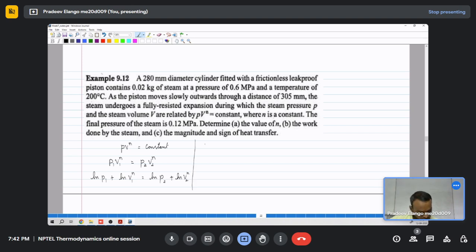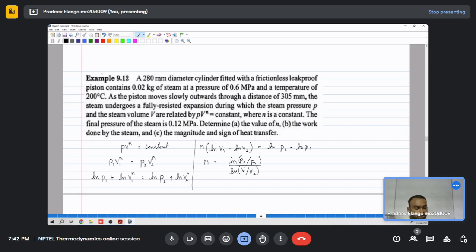So finally you can have n into (ln V1 minus ln V2) is equal to ln P2 minus ln P1. So n is equal to ln of P2 by P1 divided by ln of V1 by V2.